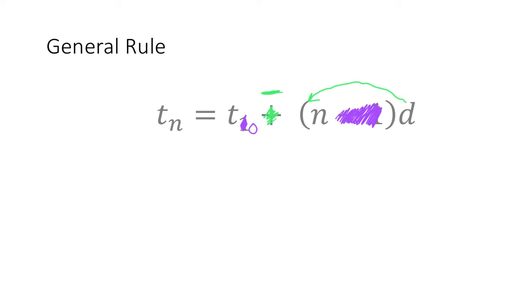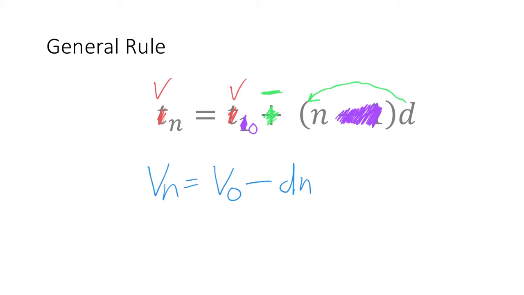And then the last adjustment I can make, because I'm dealing with the value of equipment, I can use V instead of T. So after making those adjustments, my general rule for straight line depreciation becomes Vn is equal to V0 minus Dn. So that's the rule that I can use when I'm calculating straight line depreciation.